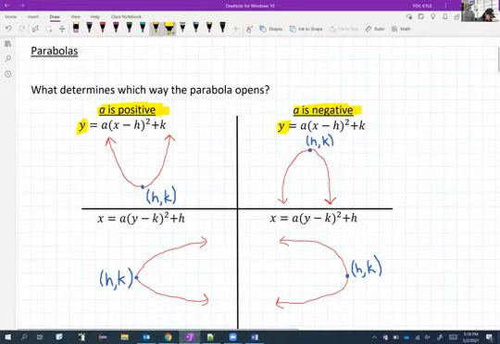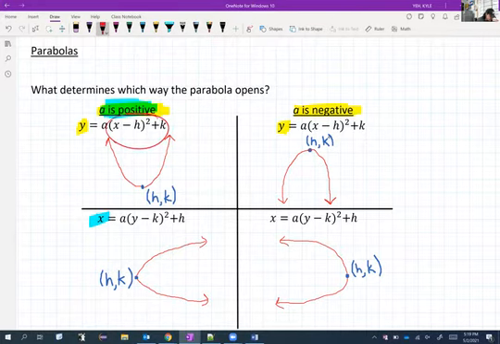Now, what if a is positive and x is by itself on the left-hand side? Look at that equation in the bottom left: x = a(y - k)² + h. So a few things got flipped around there. The x and the y switched, and notice also the inside of the parentheses. It was x minus h, x minus the x coordinate of the vertex.